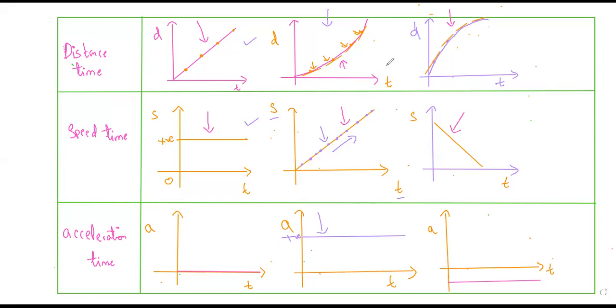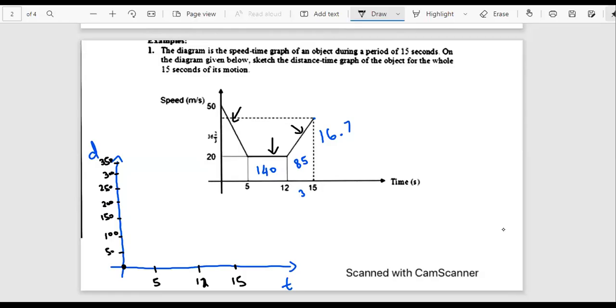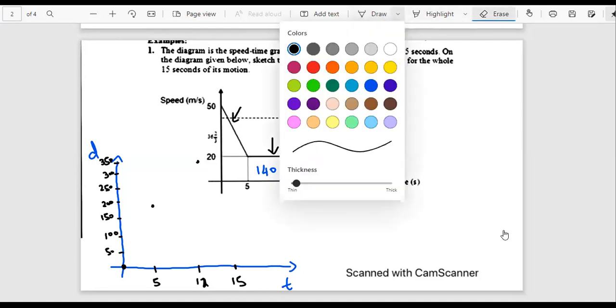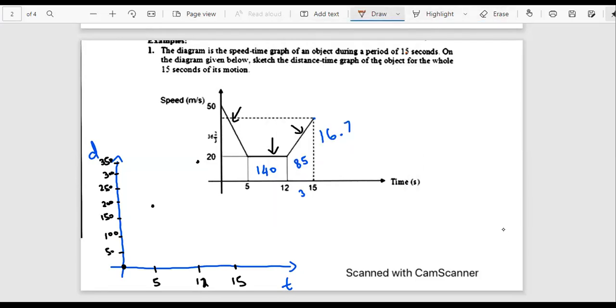I will go back to the questions PDF. Now, let's say this point is 175. Then it would be 315. And then it would be 415, but I will use a different color for that. I just need to connect the lines.